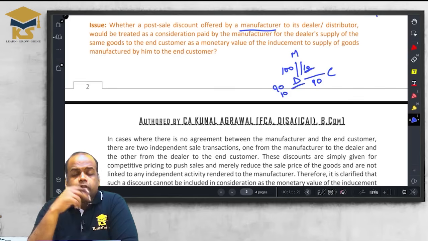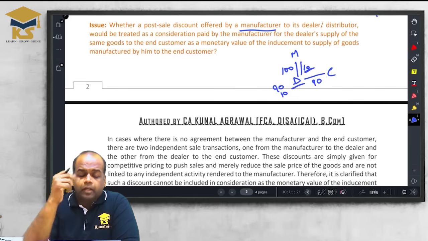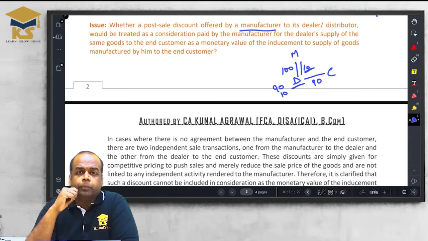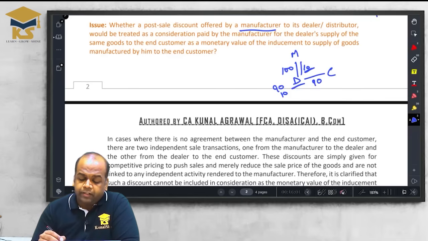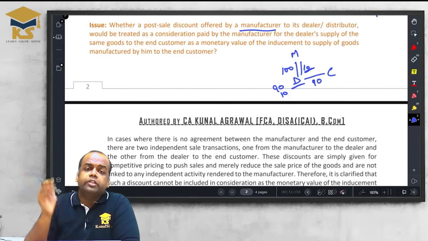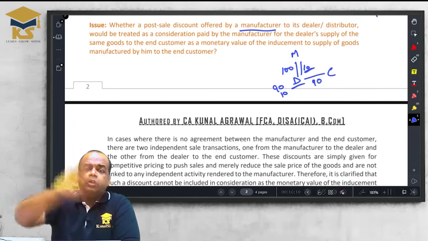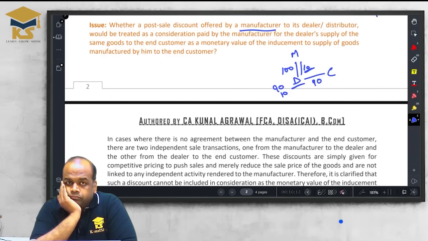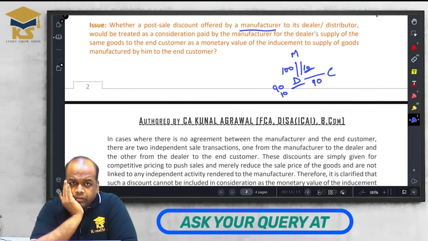So now you have to pay the manufacturer only 90 rupees, not 100 rupees. Basically you paid 100 rupees to the manufacturer and the manufacturer will pay you 10 rupees. So for this transaction you are getting 100 rupees. So now pay GST on 100 rupees, not 90 rupees. Now got the confusion? Where is the problem?